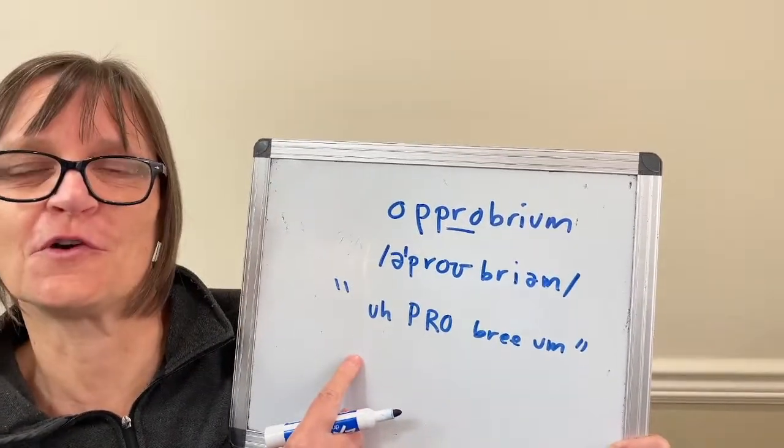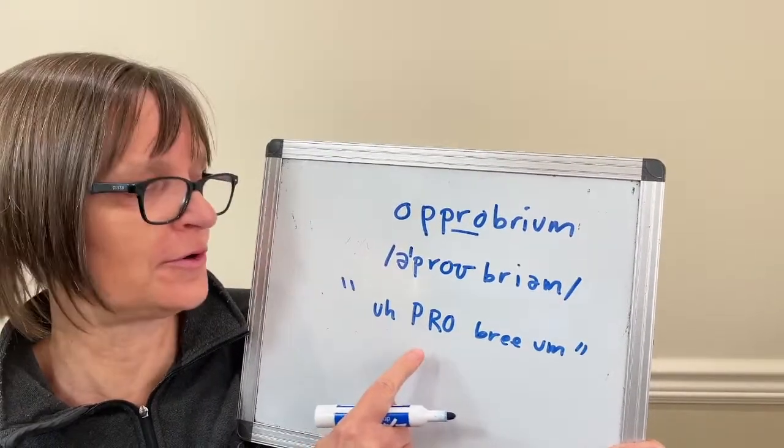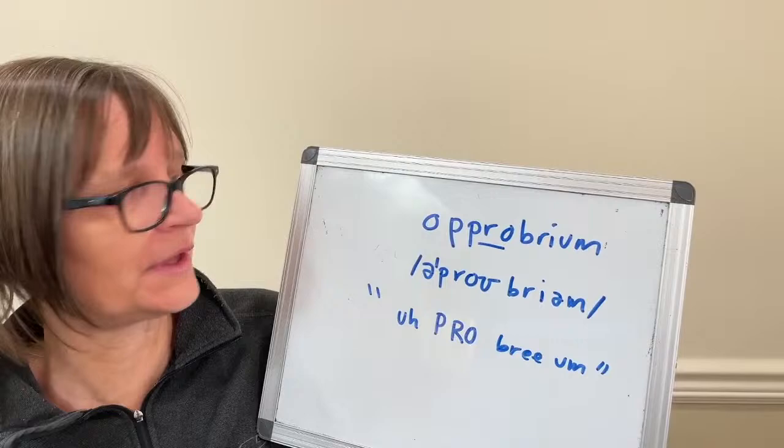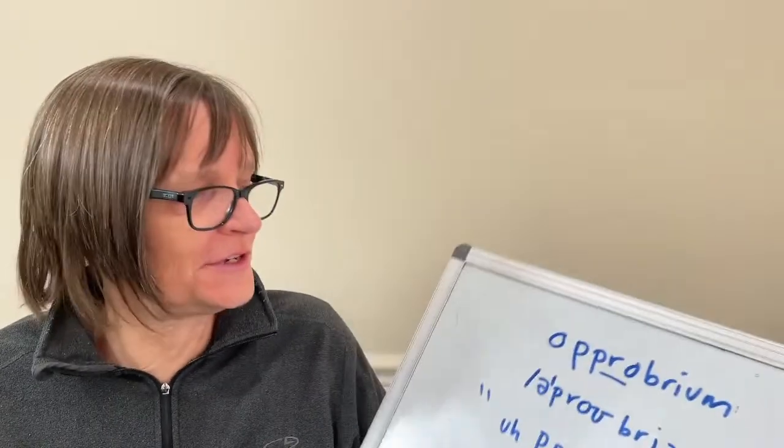Here's the pronunciation for you. So you might want to start on the stress syllable, probrium, opprobrium. Yeah, thank you. Learned something new today, and I will also learn what that word means by looking it up again later. Thanks for that request.